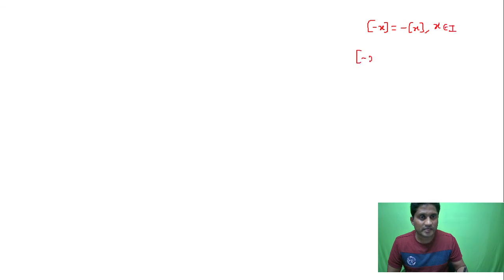Box of minus x will be minus box x minus 1 if x is not an integer. Understand? So you shift on the left side, you will get box x plus box of minus x will be equal to minus 1 if x is not an integer.